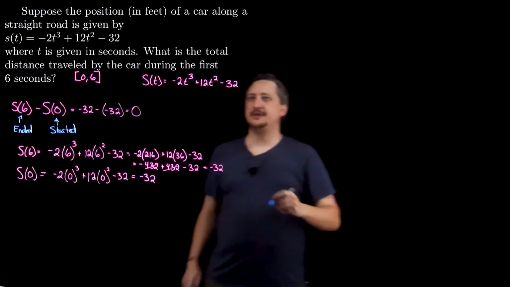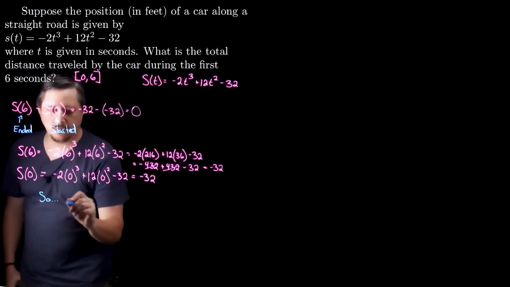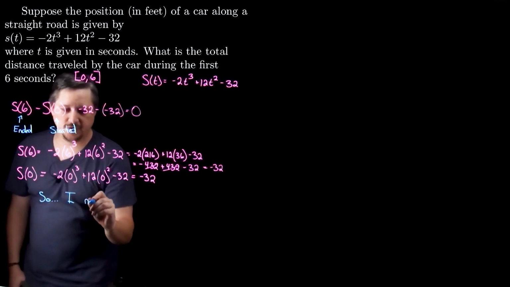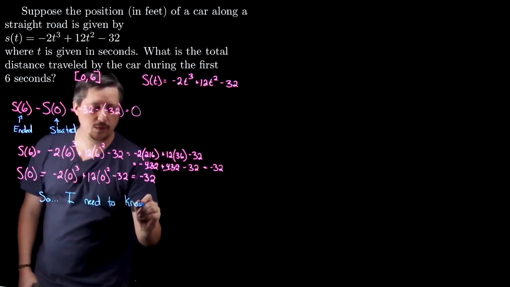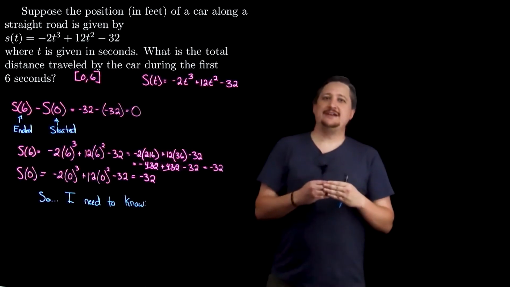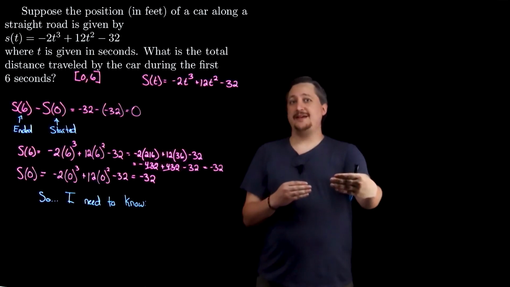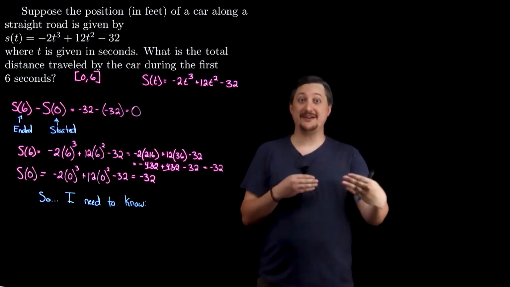So what this tells me then, I need to know, specifically, I want to add up the amount of distance it goes forward and then the amount of distance it goes backward, and add those together as a magnitude, right?